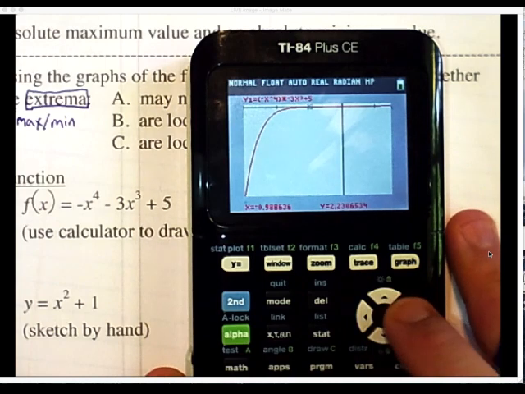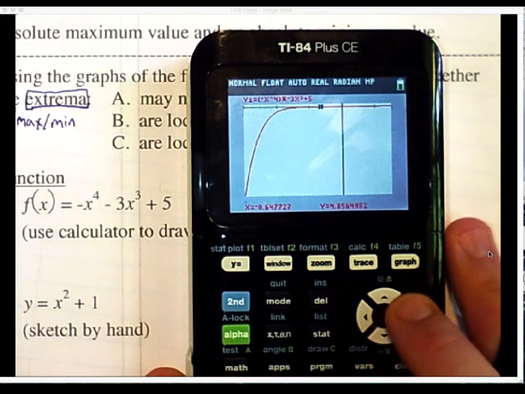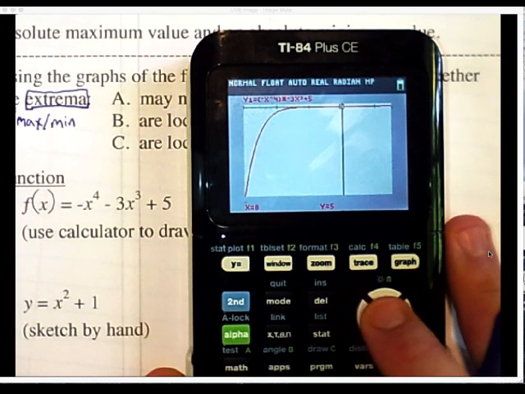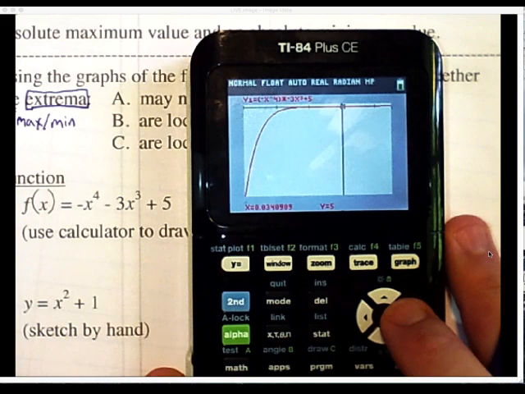Then they start getting positive. And right there at 0, it's 5. Then it looks like the y values keep increasing.